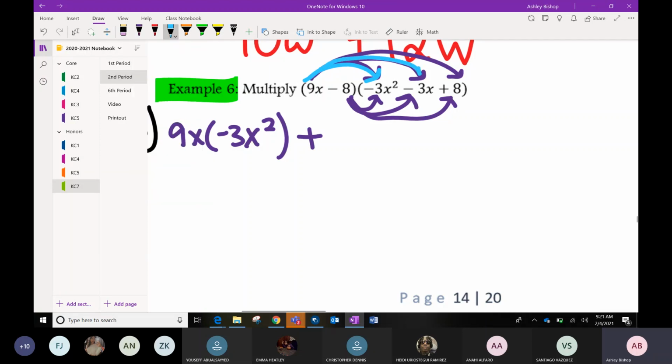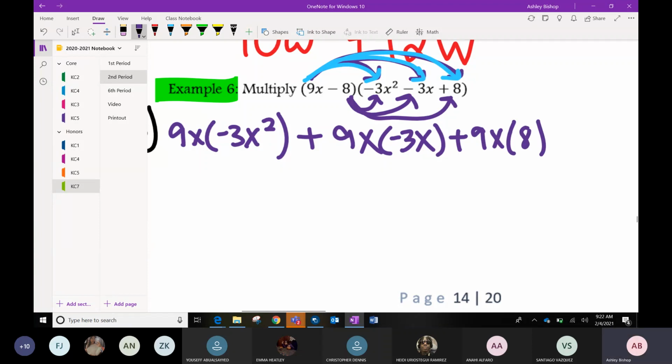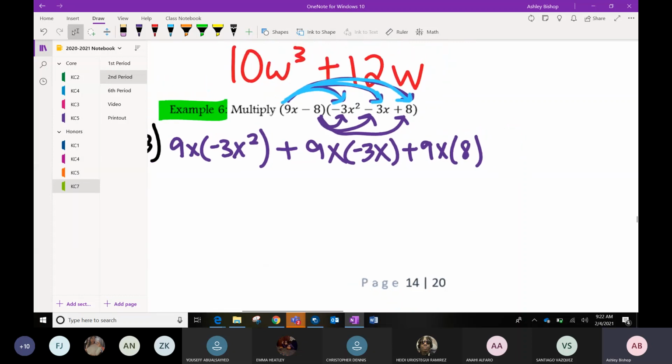It went to the middle term, so 9x times -3x. Then following my last arrow, plus 9x times 8. Alrighty, then I'm done with my 9x.